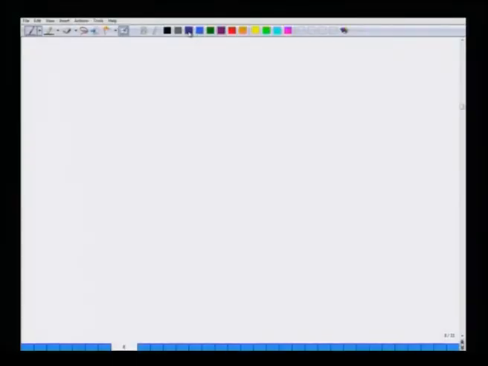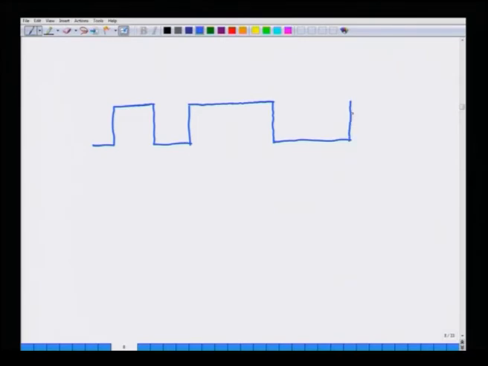I am going to draw here the code sequence C0 of user 0.